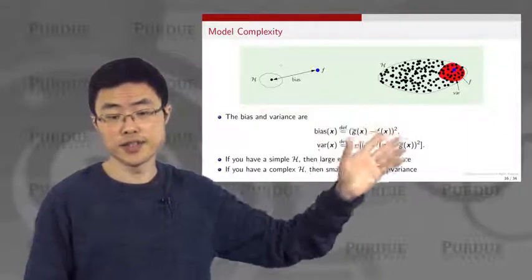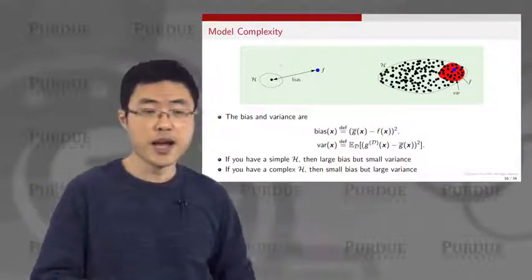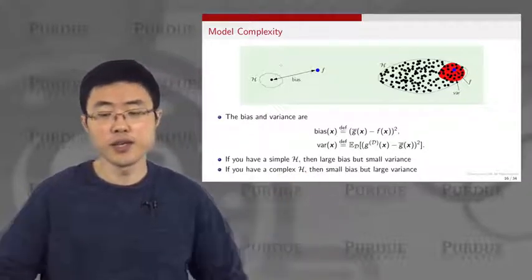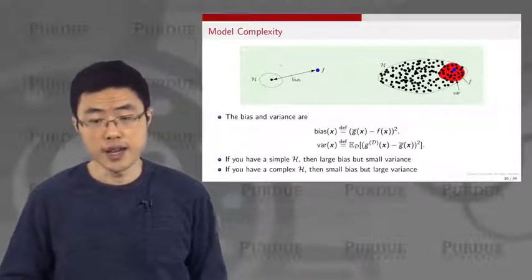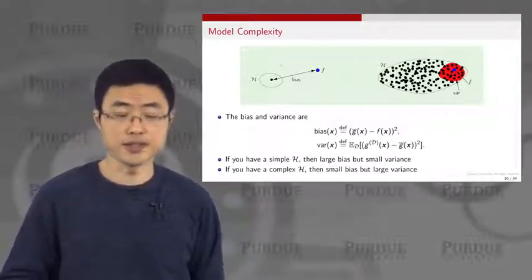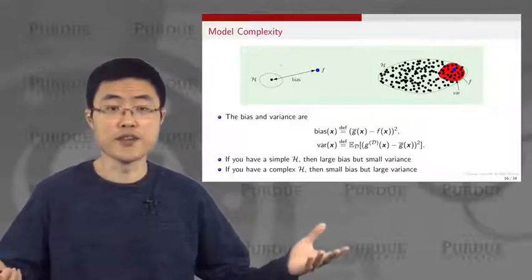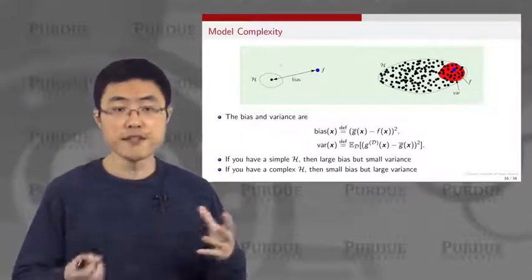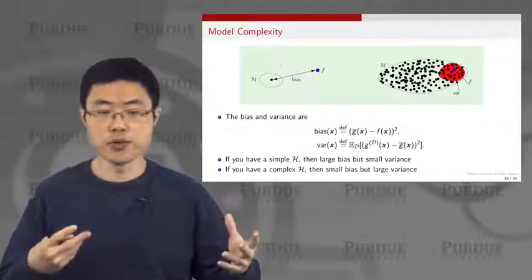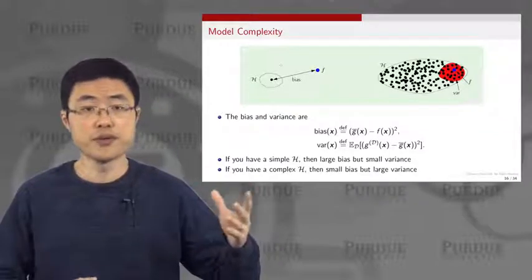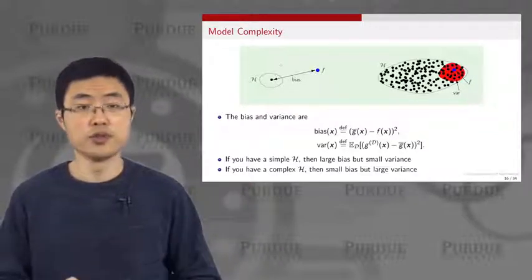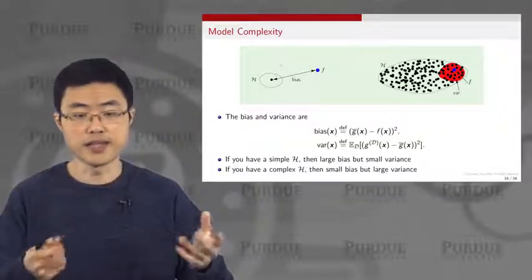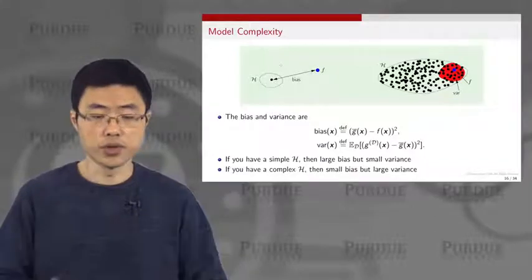However, since this hypothesis set is so big, think about an extremely highly complex hypothesis set, of course it will include the target function. In that case, the target function will live inside your hypothesis set. Then of course you wouldn't have any bias problem, but your variance will become very big. So this example shows you that the bias-variance is also a very good alternative to the VC dimension to tell you what's happening with the model and also the sample complexity trade-off. And we want to look at this more carefully.